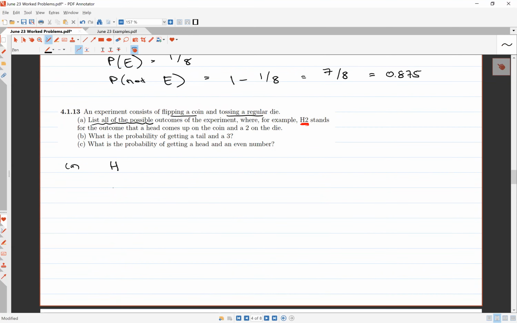So if we toss the coin, it could be heads or tails, and that heads could be followed by any of the 6 possible numbers. So H1, H2, H3. In fact, let me list all of them.